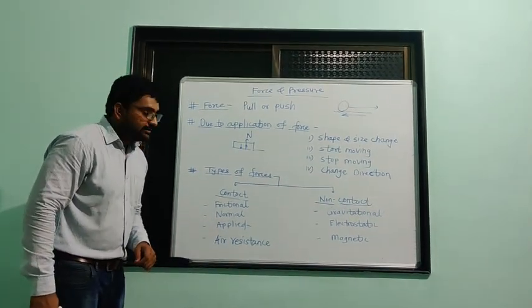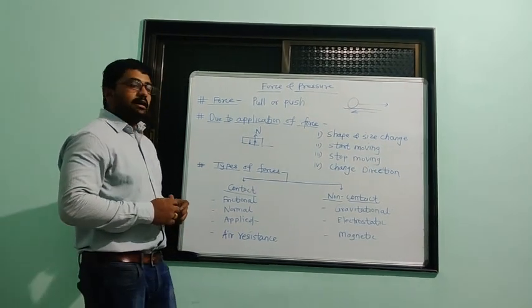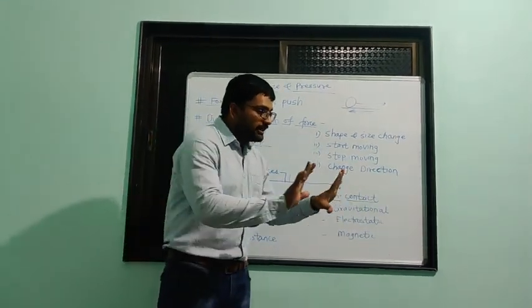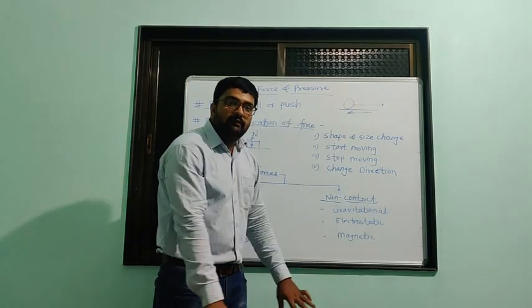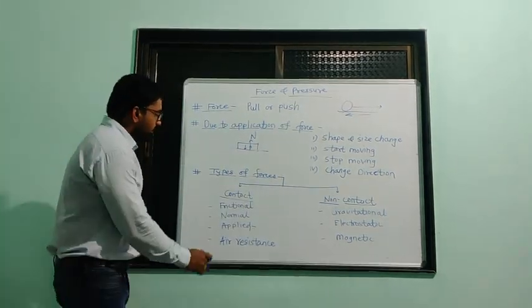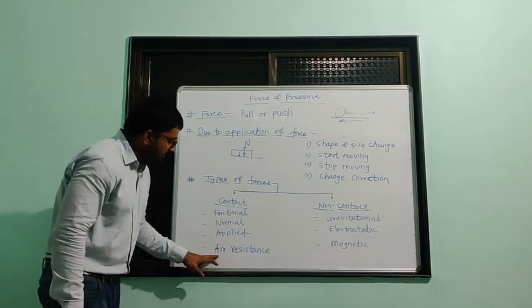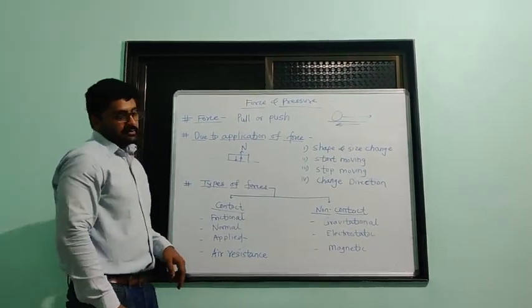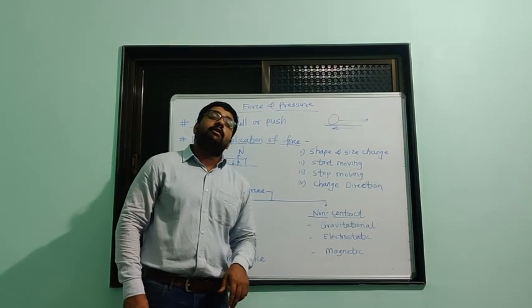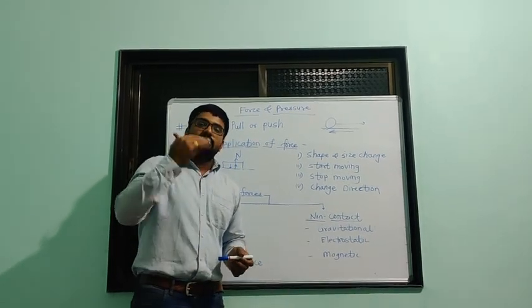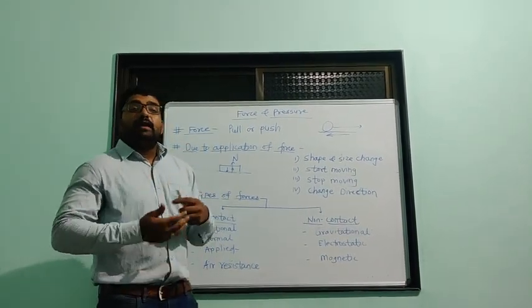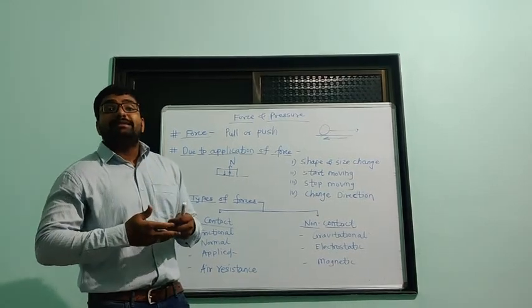Here, our body and this object are in direct physical contact with each other. That is why it is also a contact force. And next is air resistance. If we travel on a bike very fast, then air always tries to resist us.